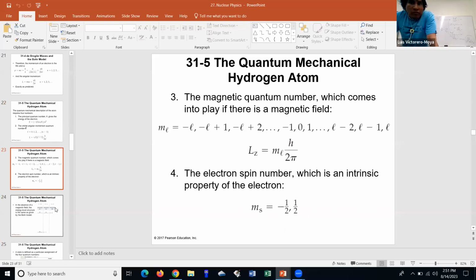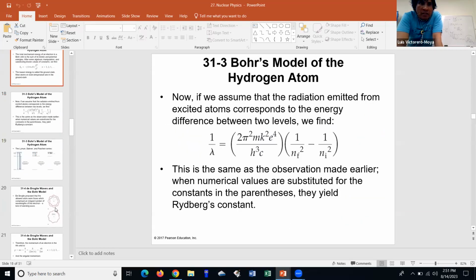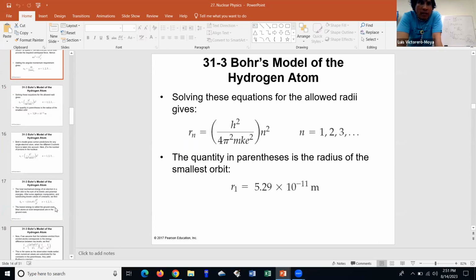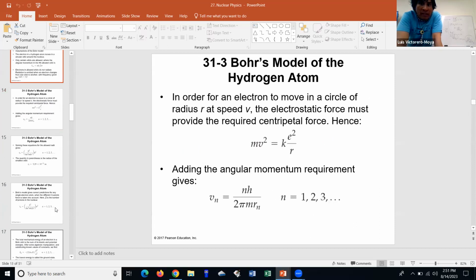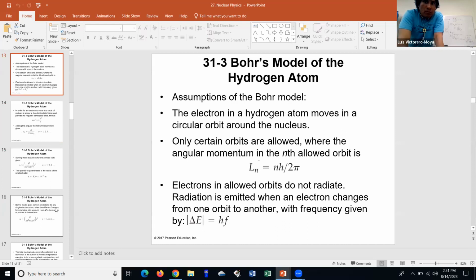The magnetic quantum number goes from negative L to L, and that's the equation there. And then the spin, negative 1/2 and 1/2. All right. That's why we did all these studies of quantum physics, guys, because from there we can use it to investigate the hydrogen atom, and specifically the Bohr model for the hydrogen atom.